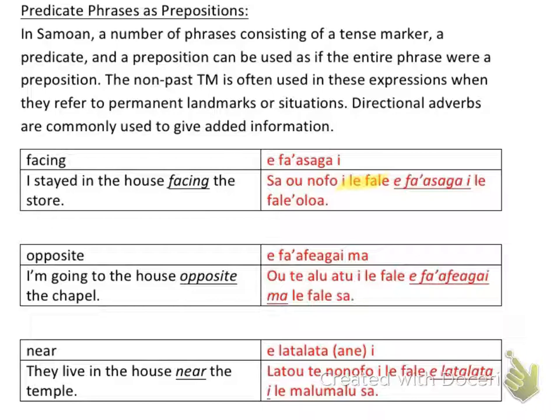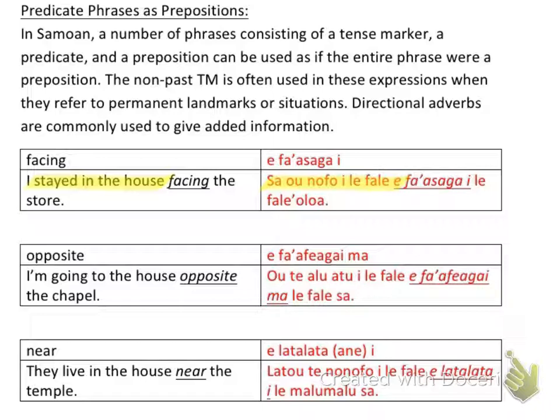So if I wanted to, I could say I stayed in the house, but I want to indicate to whoever I'm talking to where that house is, or where I live. So you throw in another prepositional phrase that acts as a predicate because it has these three things: a tense marker, a predicate, and a prepositional phrase. I could end the sentence at I stayed in the house, and I would just say sa o nofo i le fale.